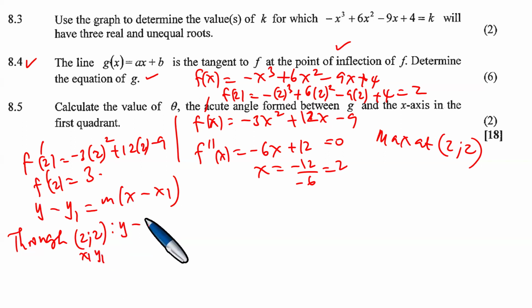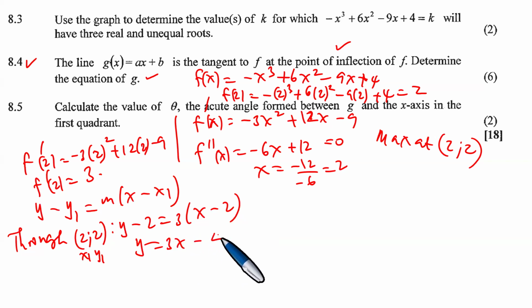So y minus 2, and the slope is 3, into x minus 2, which means y is 3x minus 6 plus 2, which is actually minus 4.